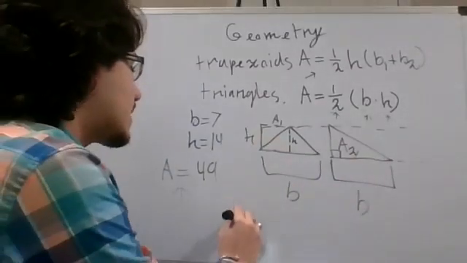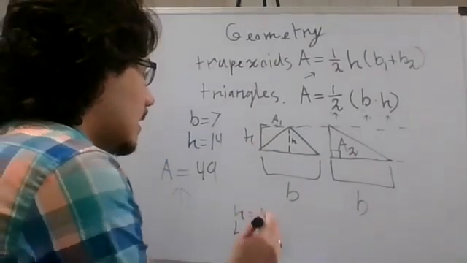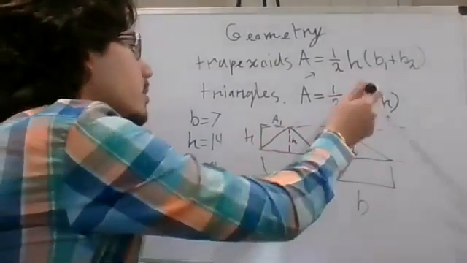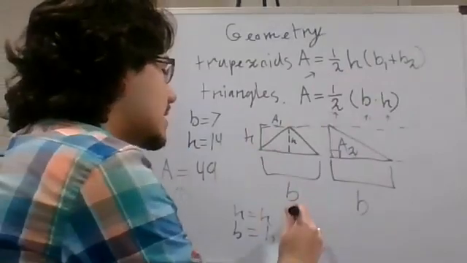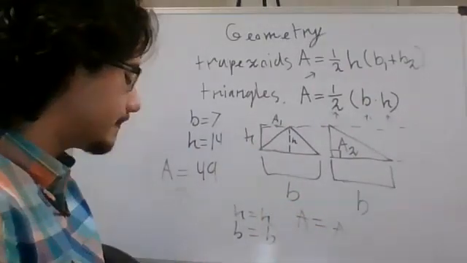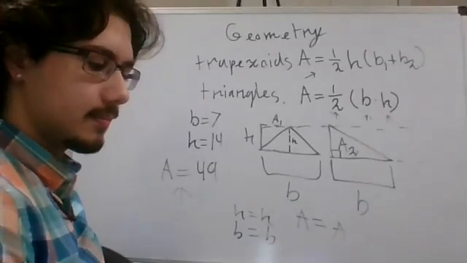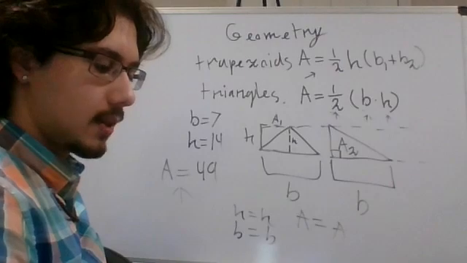So because the heights are the same and the bases are the same, and there are no other variables in the triangle area, then that means the areas must be the same. Any questions so far? No, sir. Very good.